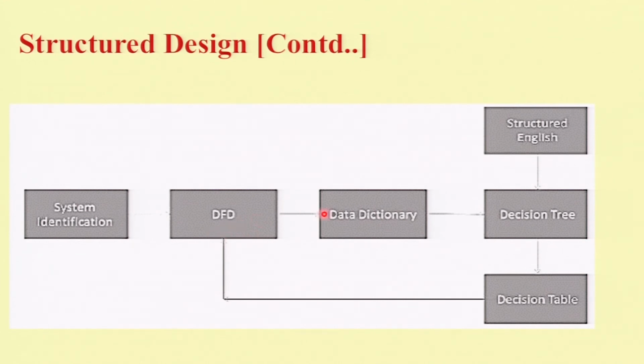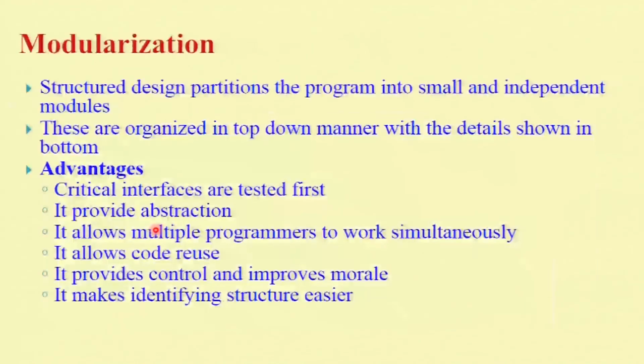So, this DFD is linked to this data dictionary, and you have structured English, wherein it will be full of sentences. Structured English is also called structured query. Then you have a decision table, and this decision table is again linked to this DFD. So, this is a diagrammatic representation of a structured design.